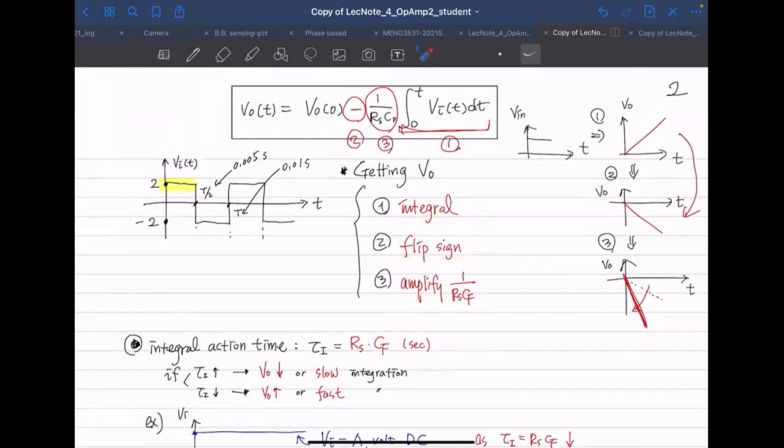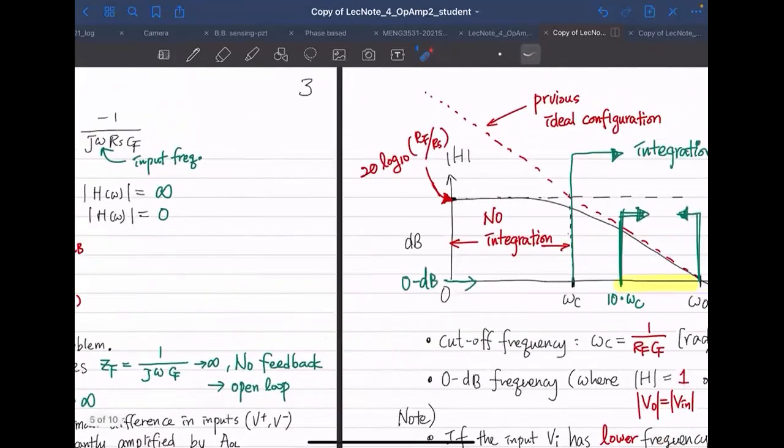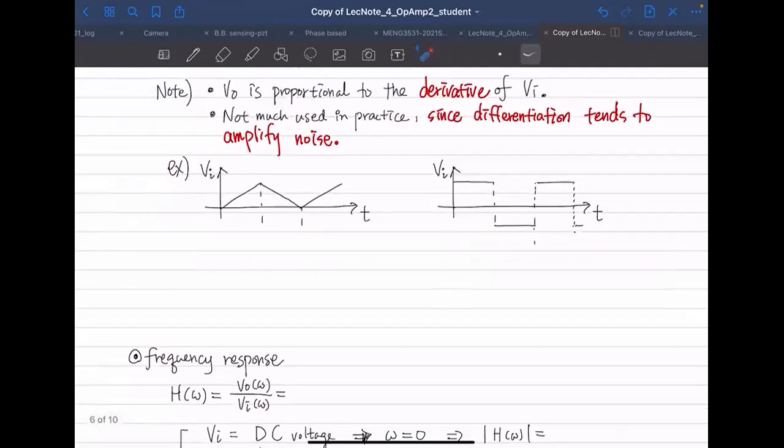So even though you don't do the actual math, you can estimate how your output is going to look. Okay, we can do the same thing for this differentiator. So for example, say we had an input that's a triangular wave like this. Then from here, we can just naturally estimate how the output is going to look.